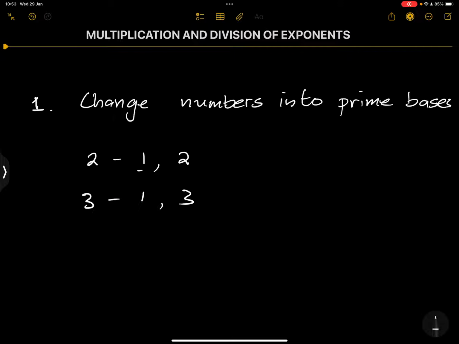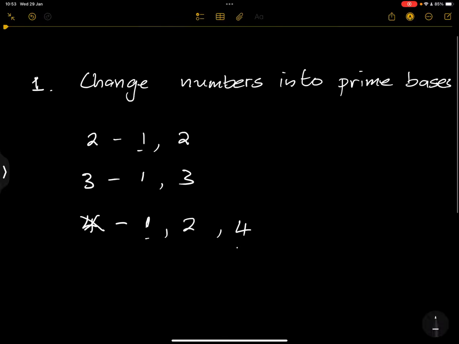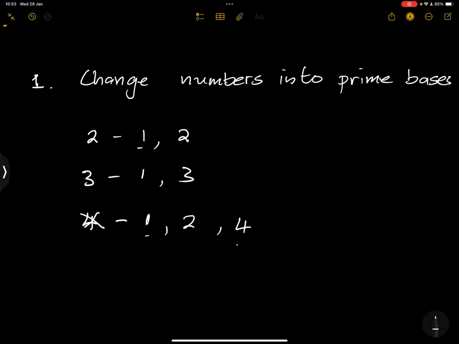That's 1 and 3. 4 would not be a prime number. Why? Because in this case, 4 has 3 factors, 1, 2, and 4. You see now, it does not have only 1 and 4 as factors. So I want you to note that it is not a prime number.